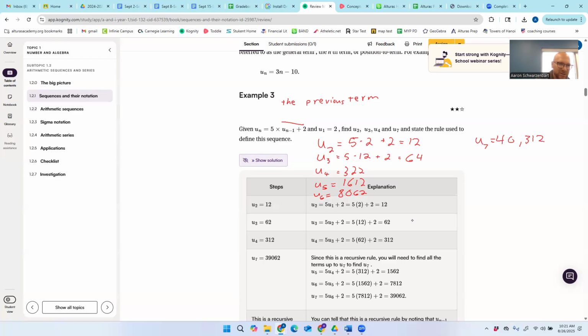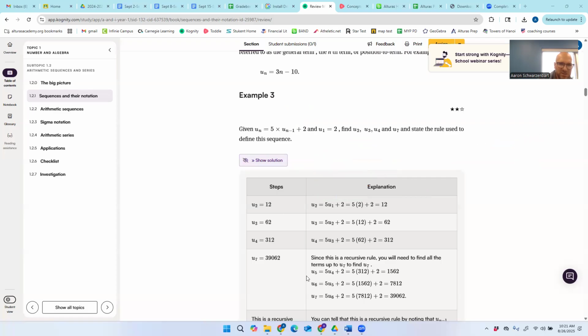And when you're doing a recursive formula, if you add wrong here, you get everything else wrong in the future. So important to be careful. But yeah, I did 5 times 12 plus 2, gave my number, and then did that number plus 2 again. So I guess I know where I screwed up, but okay, be careful.